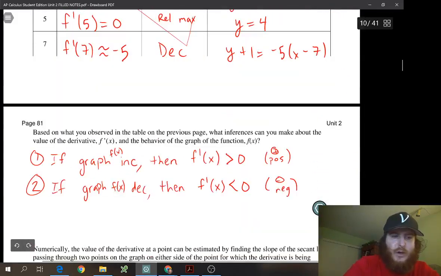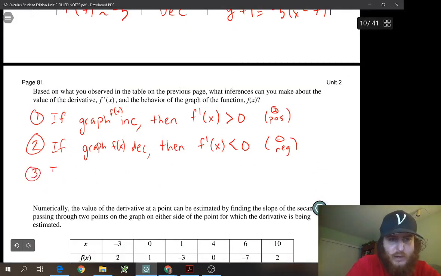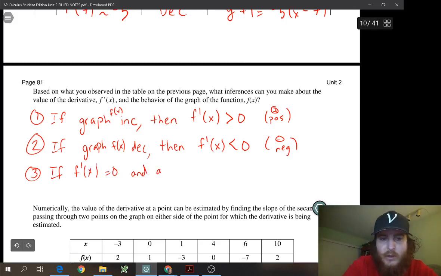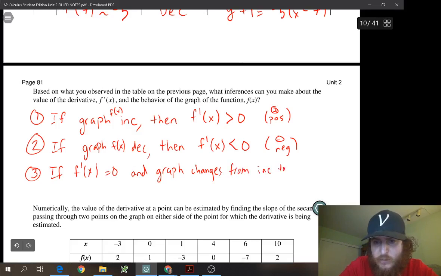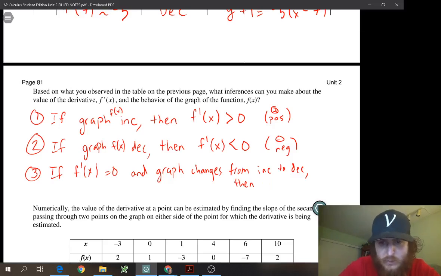So kind of our third rule is that if f prime of x equals 0 and the graph changes from increasing to decreasing, then f of x has a relative max.